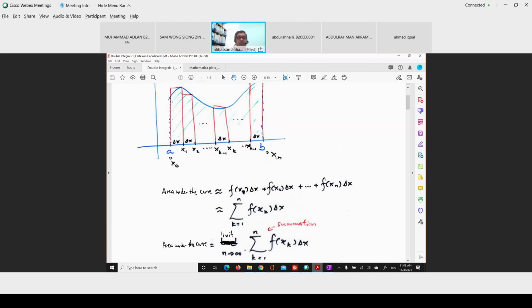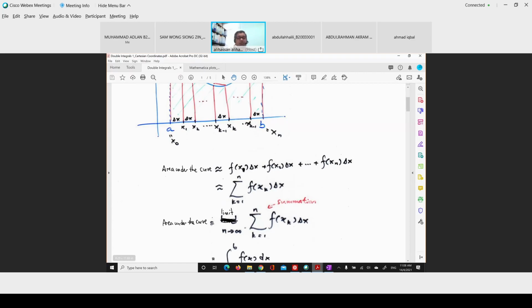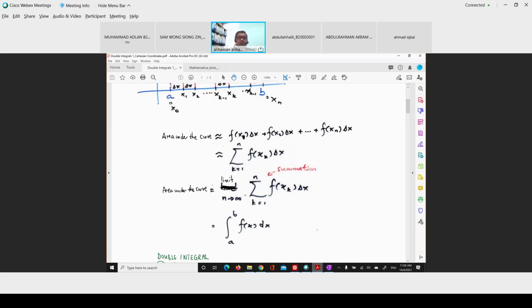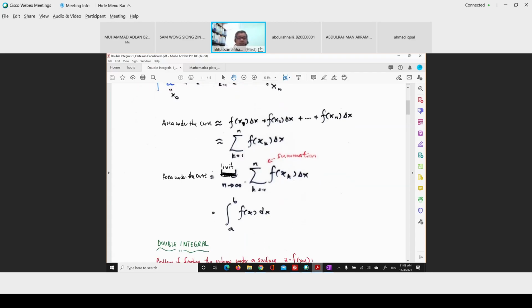But that would lead to smaller and smaller values of delta x, right? And that gives a better and better estimate. So we define the area under the curve as the limit of this summation as n tends to infinity. And if the limit exists, then it is denoted by this integral sign here.